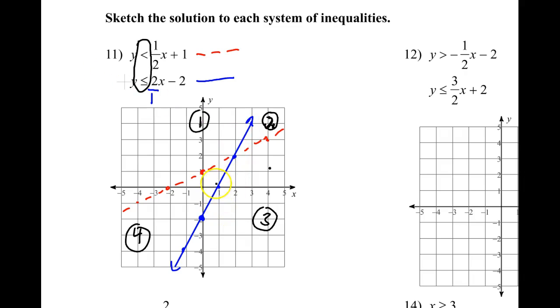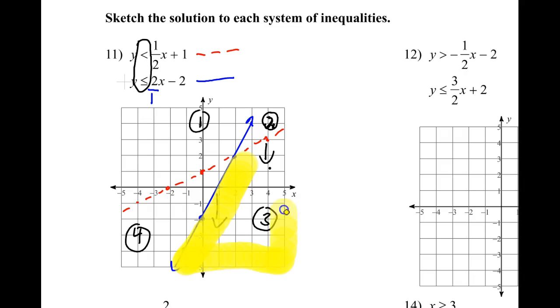Here in 3, right? So if you go straight below the blue, it's this area, and straight below the red, it's this area as well. 4 is going to be above the blue, right, but below the red. 1 is above both, and 2 is kind of like the opposite of 4. It's above the red, but below the blue. So that's the little decision you have to make for each of these.